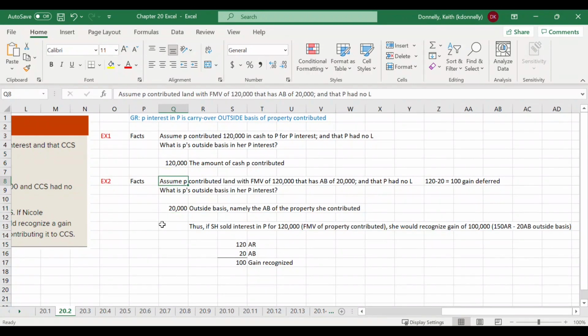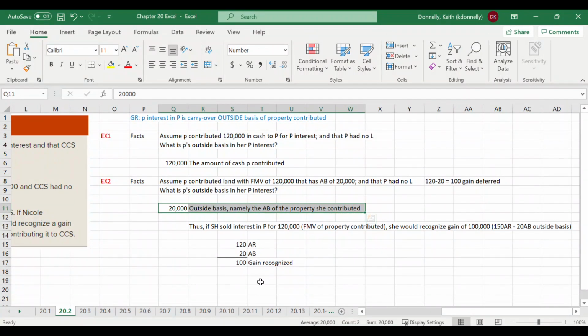So here, if we contribute land with a fair market value of 120 and a basis of 20, and when we say that, we mean in relation to us, the partner. I bought this for 20 grand, now it's worth 120. What's my outside basis in my partnership interest? Well, in this case, you just take a carryover. Whatever your basis in the property you contributed was, that now represents your outside basis.